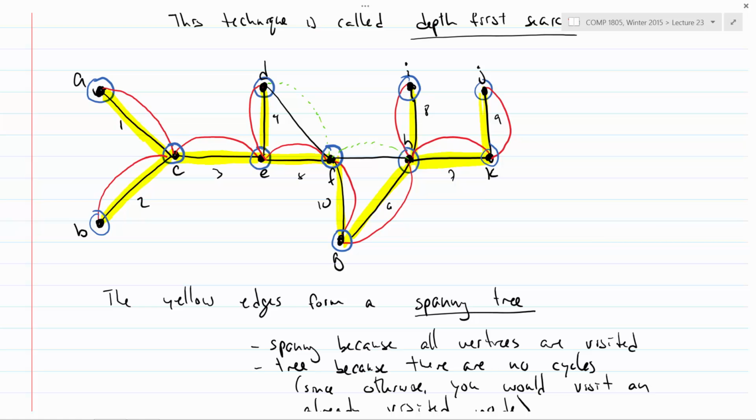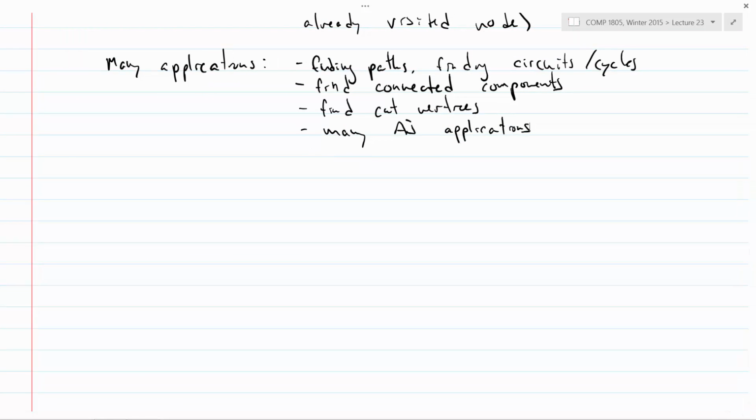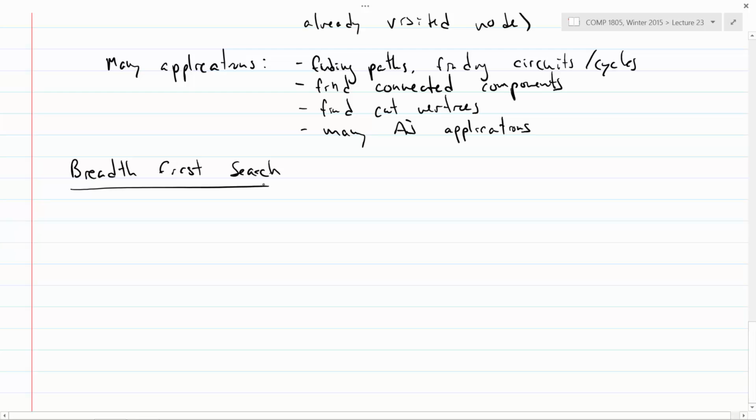All right, so I want to talk about the other one now. The other one is breadth first search. In depth first search, the idea behind the algorithm was to always go as deep as possible.